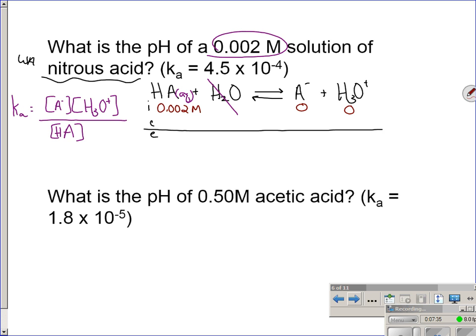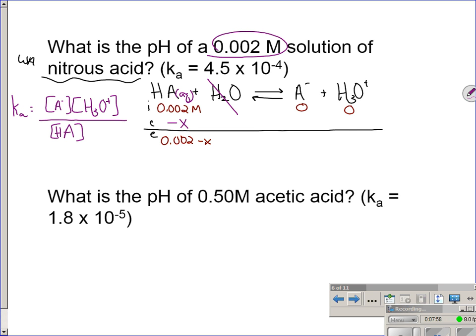So what we're going to do is go, okay, I know the amount of the acid is going to go down, and it's going to go down by this amount x. So at equilibrium, we have 0.002 minus x.